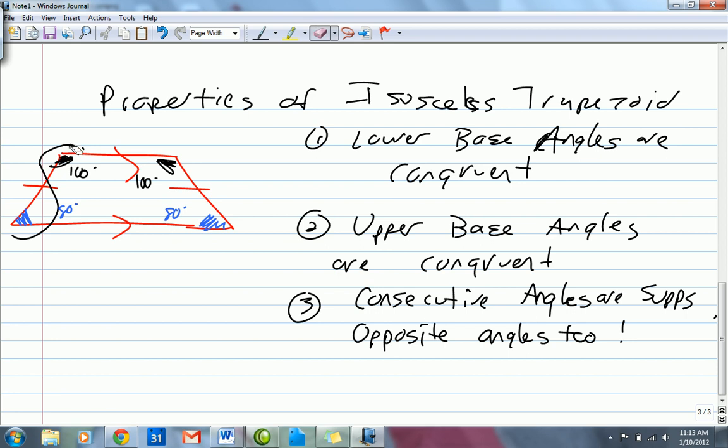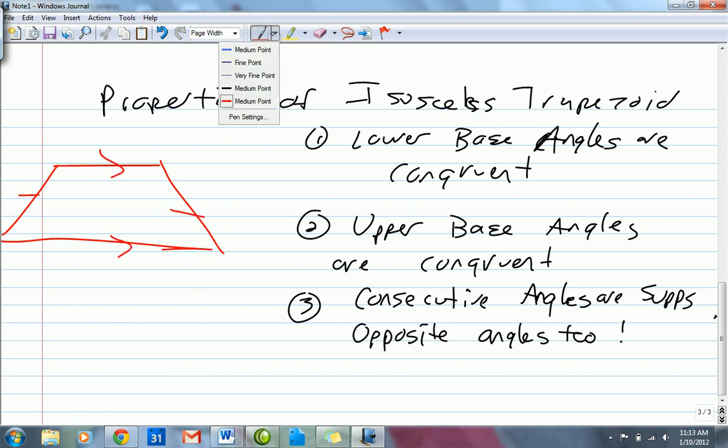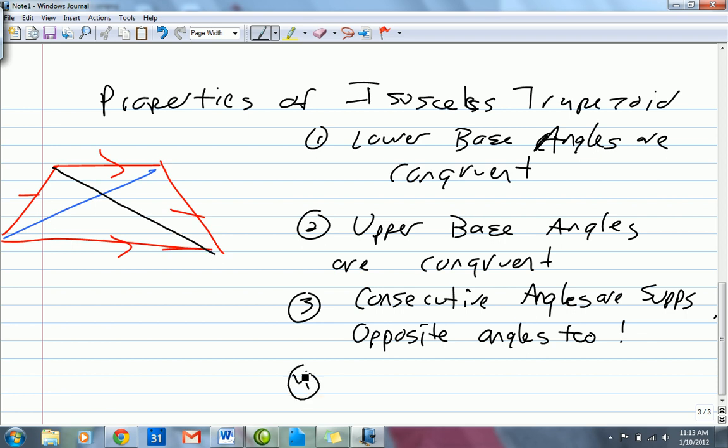There happens to be one more property of an isosceles trapezoid, and only an isosceles trapezoid, that has to do with diagonals. And here's my isosceles trapezoid. Okay, and if I create the two diagonals, here's one, and I'll make the other one in black. Here's two. What you'll find is that those diagonals are congruent.